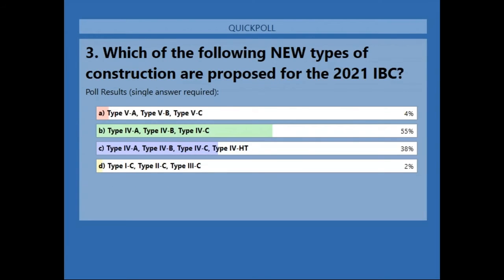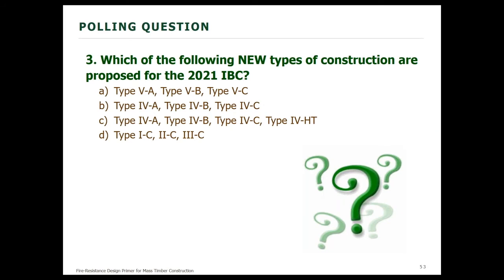We've got about 55% say types 4A, 4B, 4C, and 38% letter C. So I'm going to send it back to you, Jim.